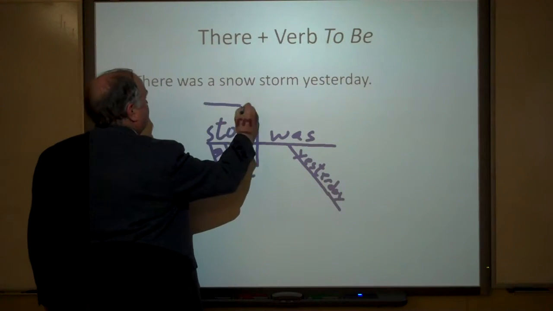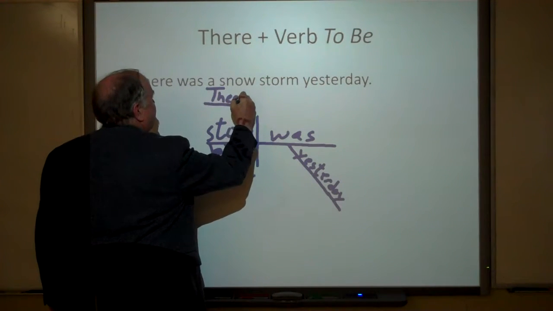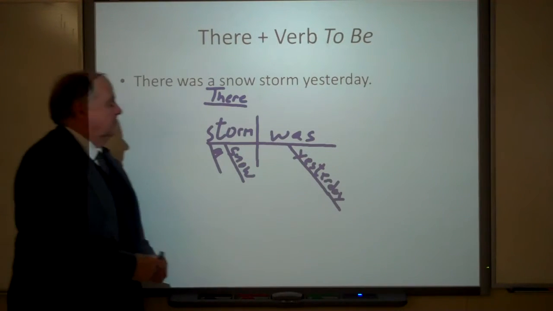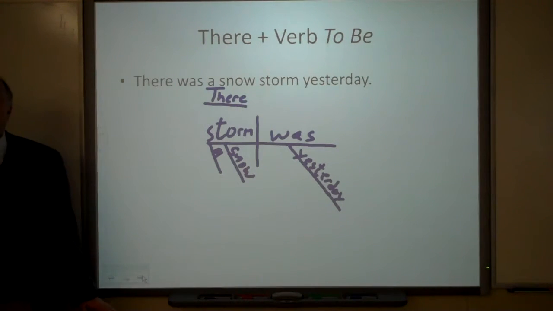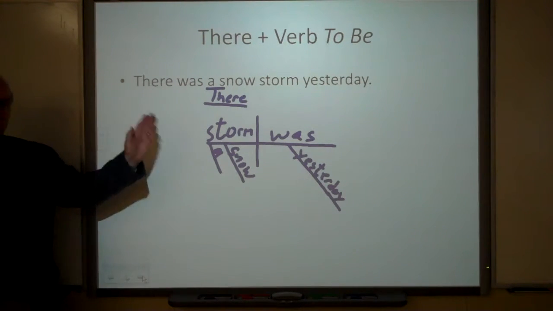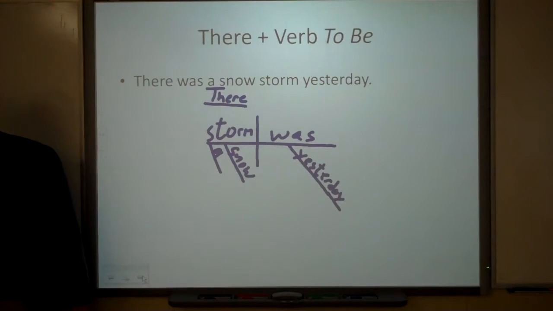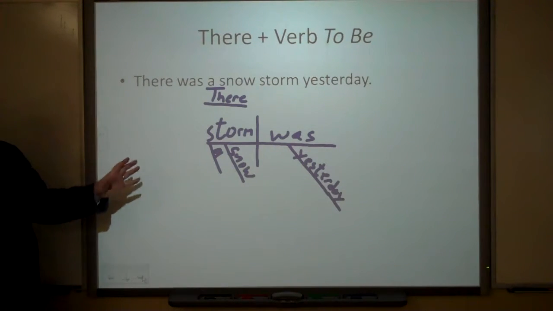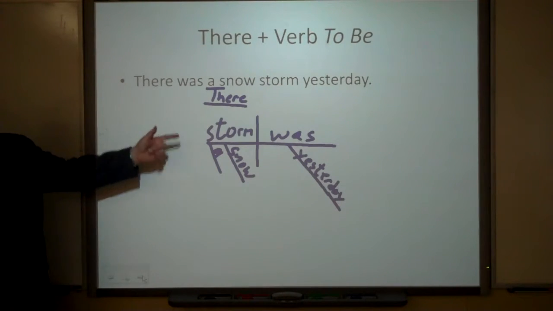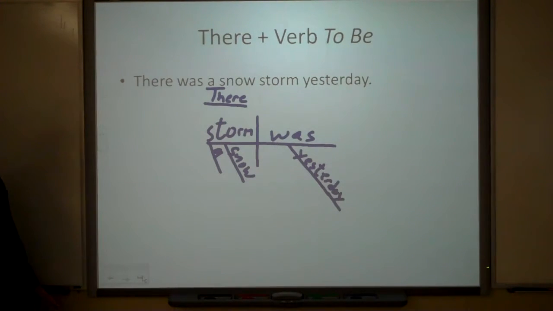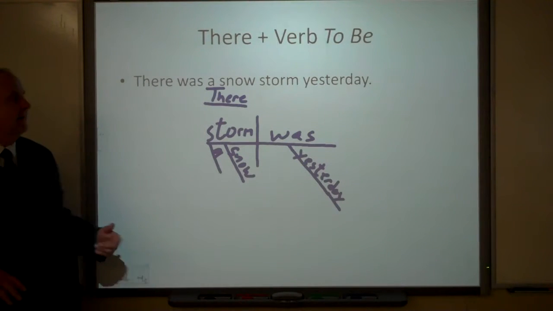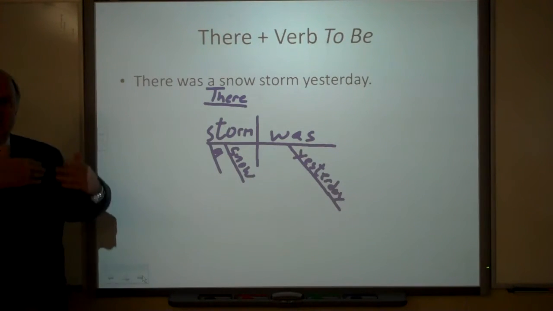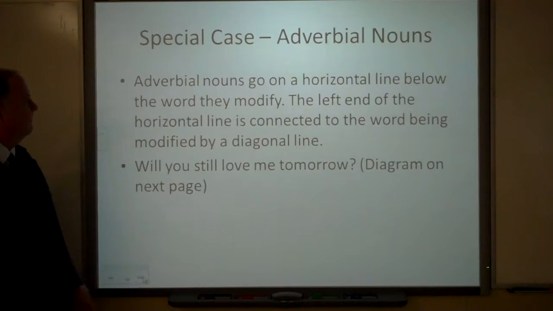And then there, because this is the idiomatic there, just goes on a line above the subject without any other line or anything connecting it to the rest of the sentence. So the idiomatic there plus the verb to be is diagrammed this way. But again, it does remind you what the subject of the sentence is. The subject is not there. The subject is, in this case, storm, whatever follows the verb to be.